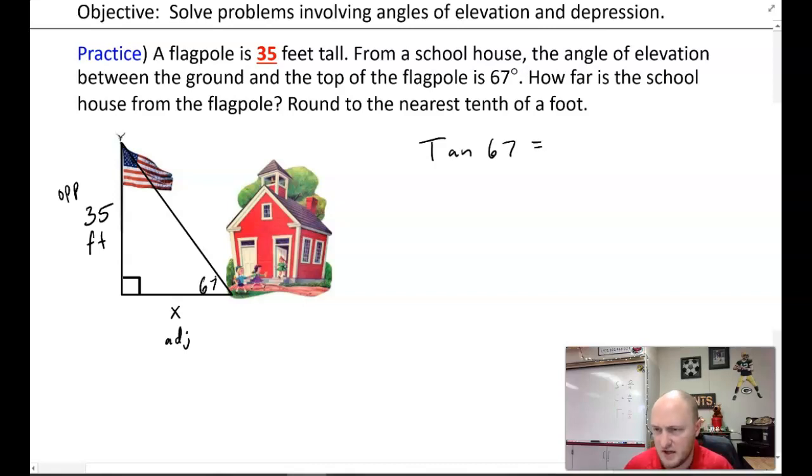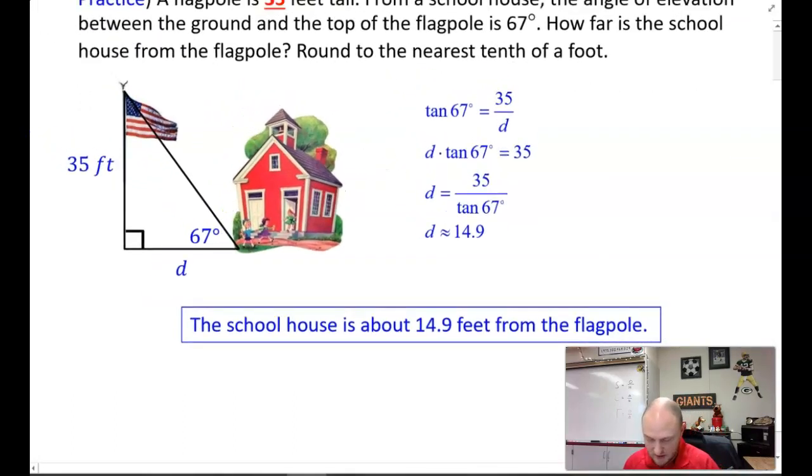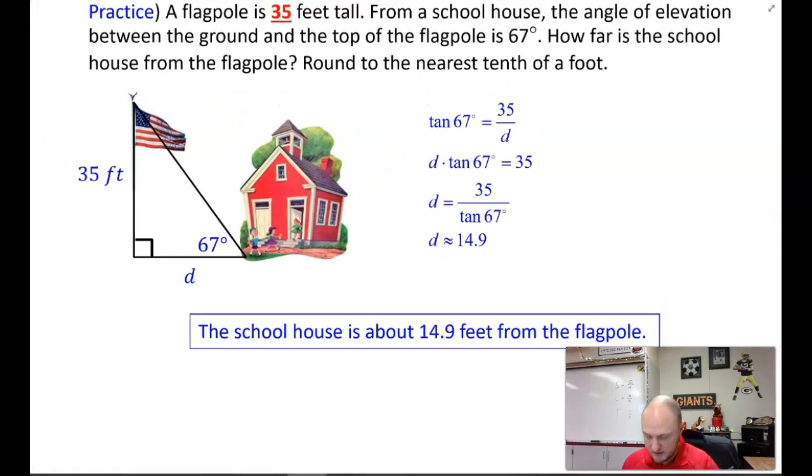So tan of 67 is equal to 35 over x. And then you should have solved and gotten 35 divided by tan of 67. And there is your answer: about 14.9 feet is the distance between the schoolhouse and the flagpole.